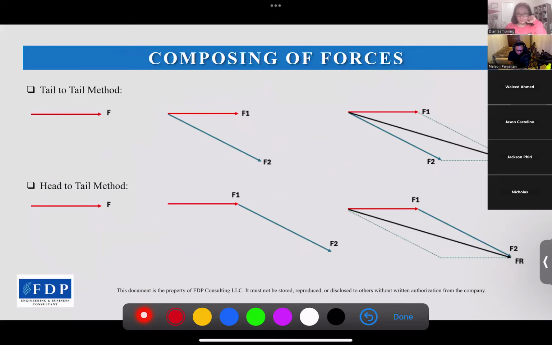Now, how to compose forces. There are two methods we usually use to combine forces. First is the tail-to-tail method, and the second is the head-to-tail method.